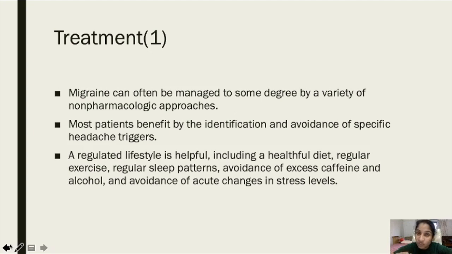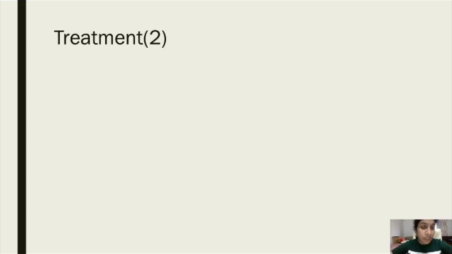A regulated lifestyle is helpful, including a healthful diet with proper timing of meals, regular exercise, regular sleep patterns, avoidance of excess caffeine, coffee and all we have to cut down, and alcohol also, and avoidance of acute changes in stress levels. All these things will help the patient.